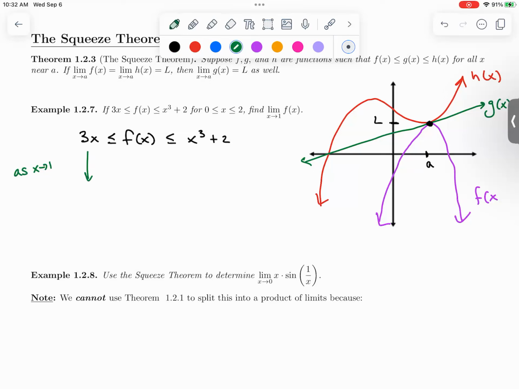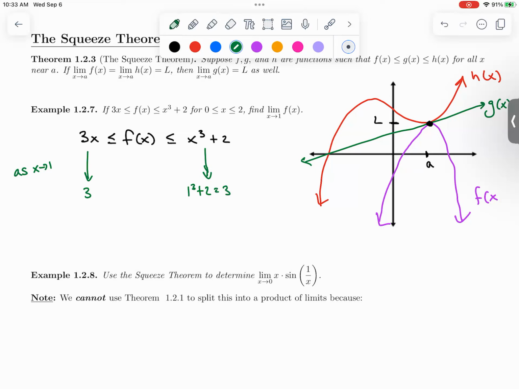If you can plug in the value of the limit and get a number, that's going to be the limit. So as x approaches 1, 3x will approach 3 times 1, or 3. As x approaches 1, x cubed plus 2 will approach 1 cubed plus 2, which is also 3.